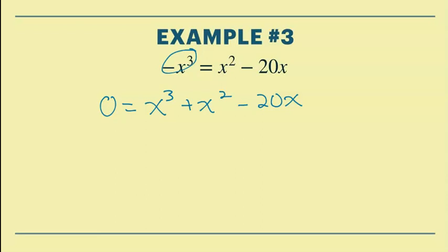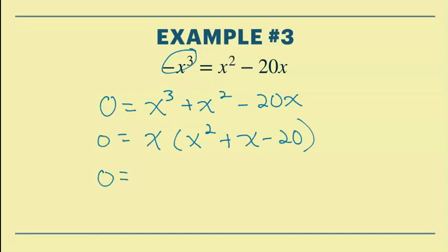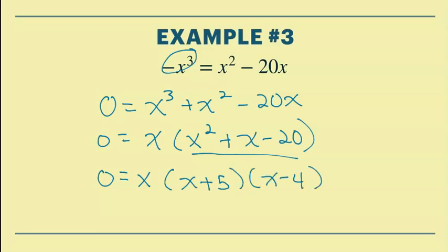So now that I have this equation set equal to 0, I'm going to factor out my GCF first, which is x, leaving x squared plus x minus 20. And then I have 0 equals x, and then this trinomial factors into x plus 5, x minus 4. So you'll see that I have 3 pieces that multiply together to equal 0.